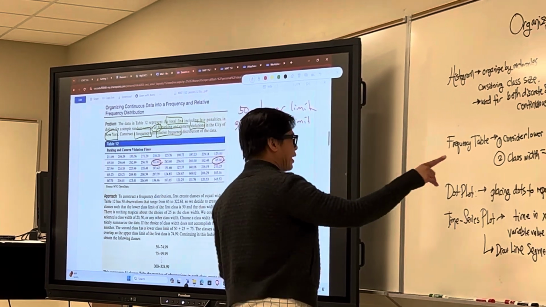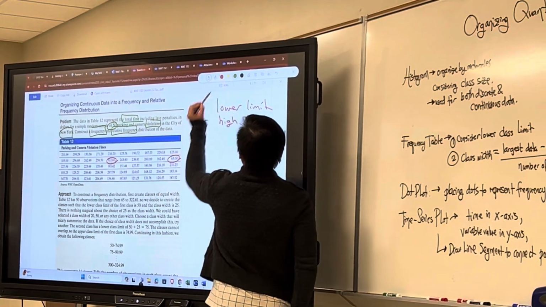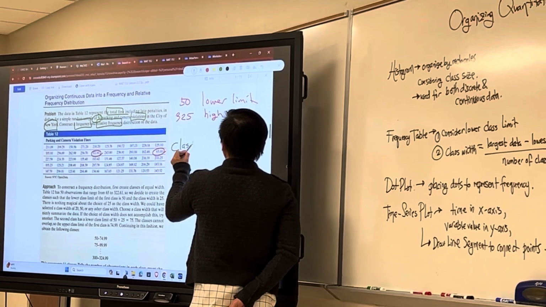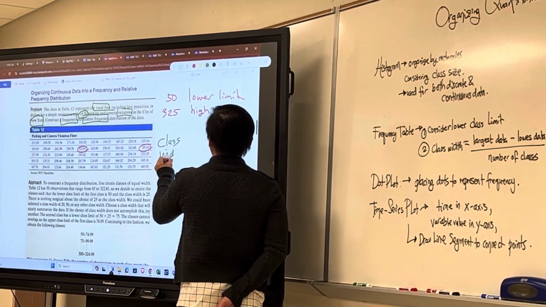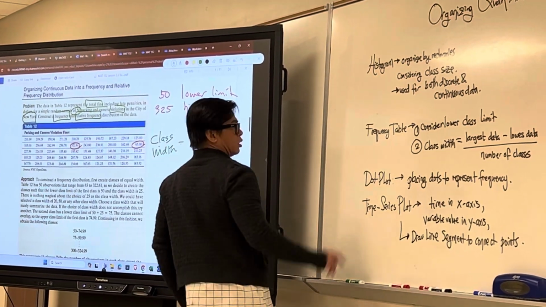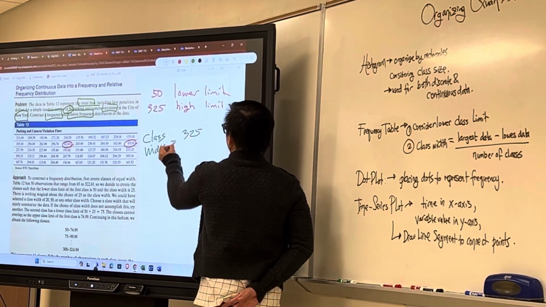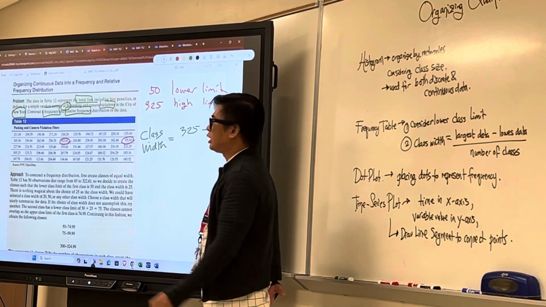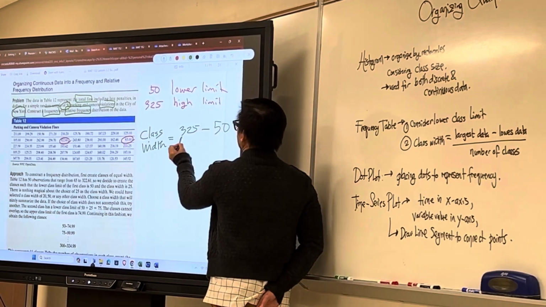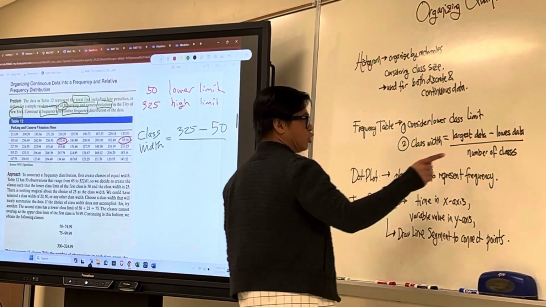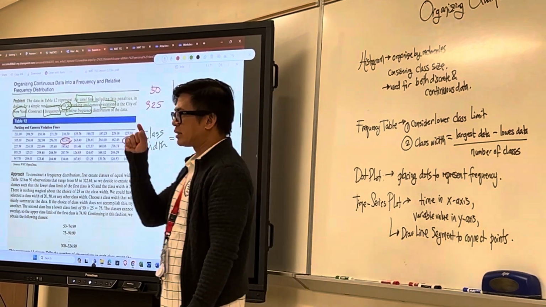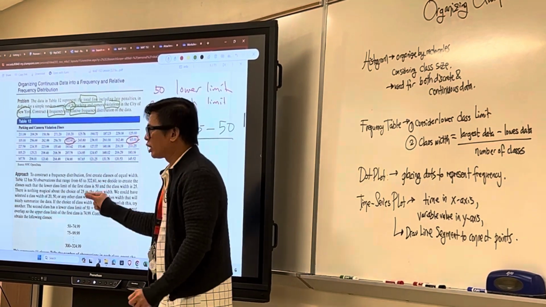So with that being said, to get the class width: the largest data, that's 325, minus the lower limit, that is 50, divided by the number of classes. You just decide how many rectangles you want.